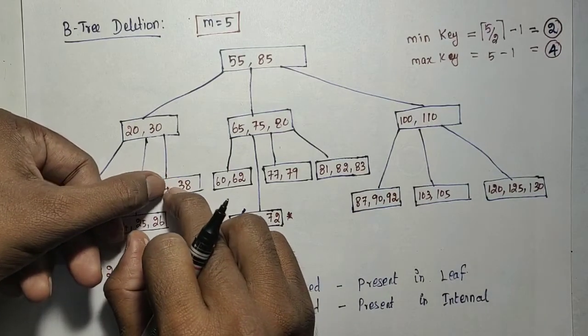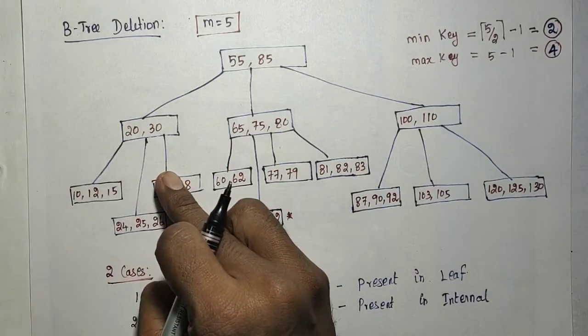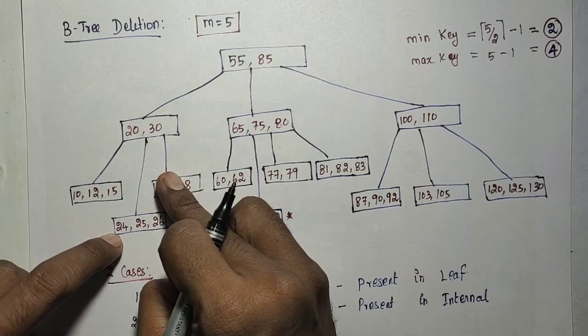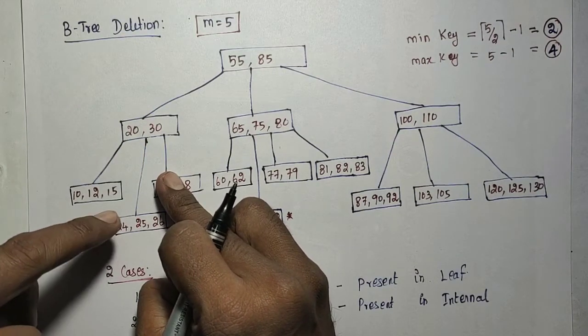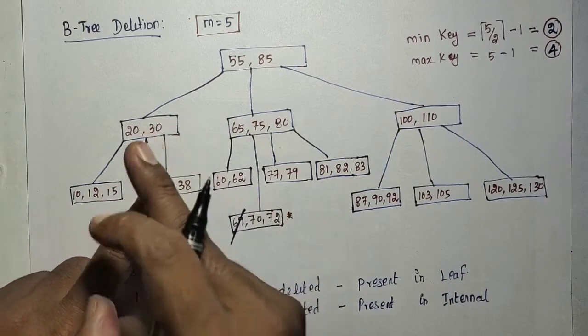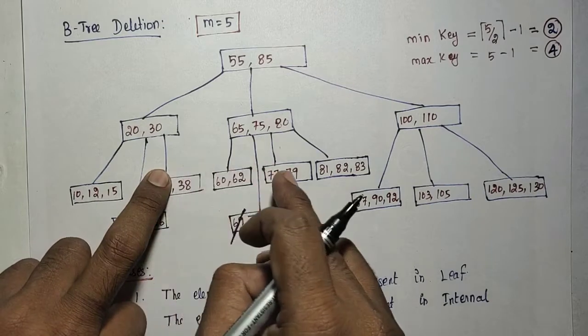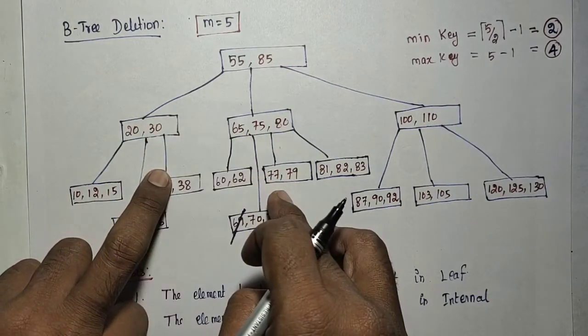We try to borrow one element from the left sibling, or try to borrow one element from the right sibling.